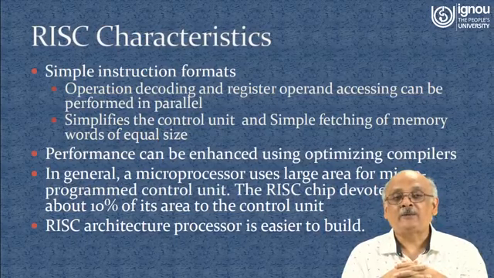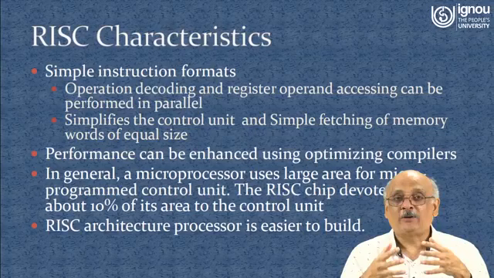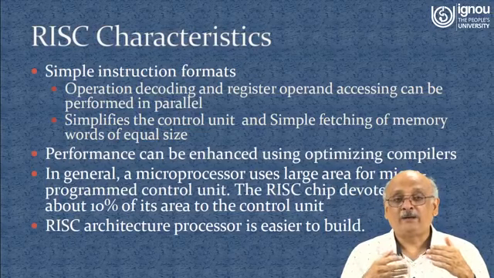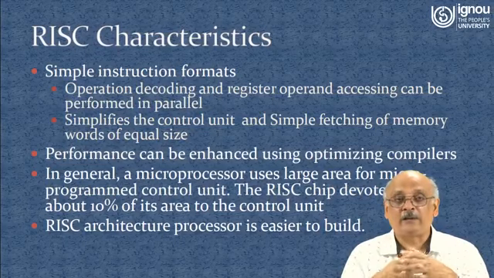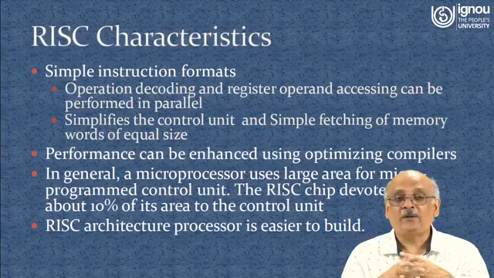In general, a microprocessor uses a large area for the microprogrammed control unit. Very large area, sometimes more than 50% was utilized by the microprogram. The RISC chip devotes about 10% of its area to the control unit, in fact even less than that.